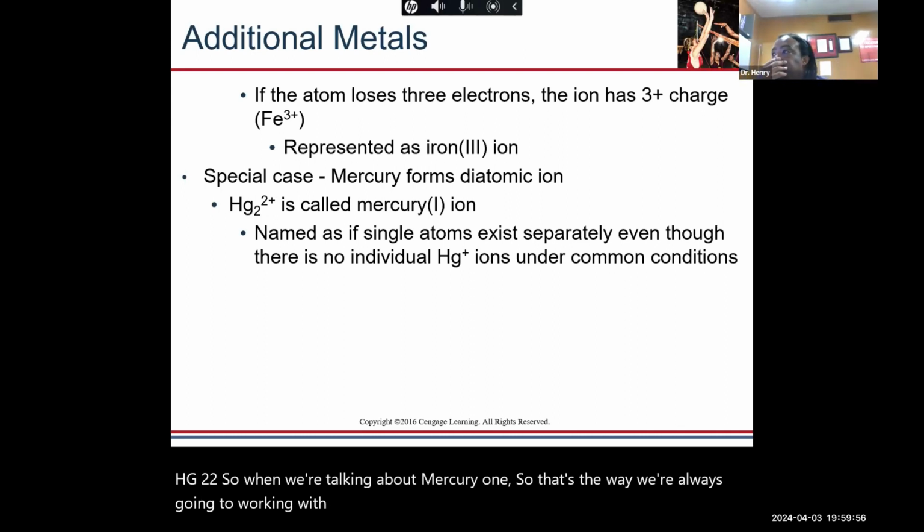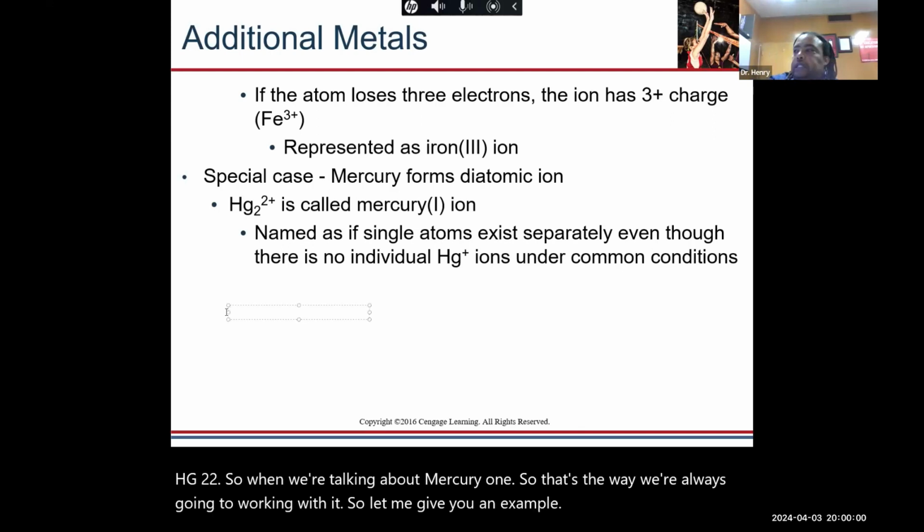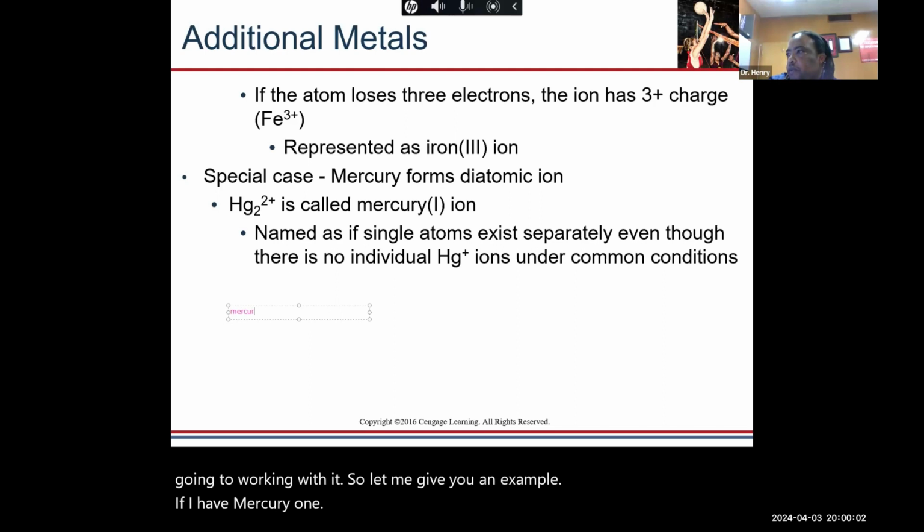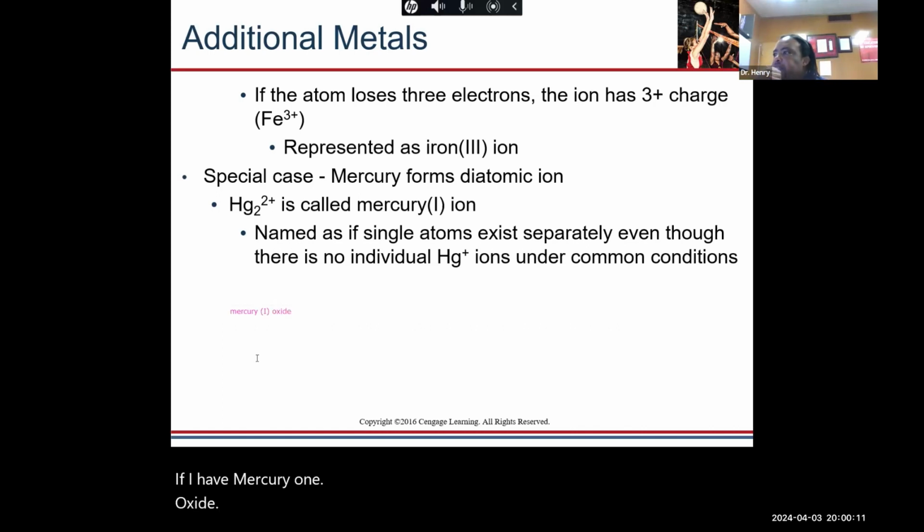So let me give you an example. If I have mercury 1 oxide, how would I write that chemical formula?